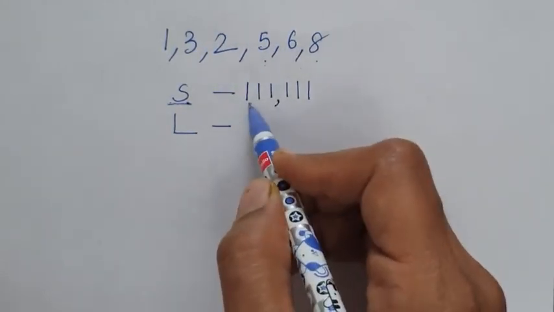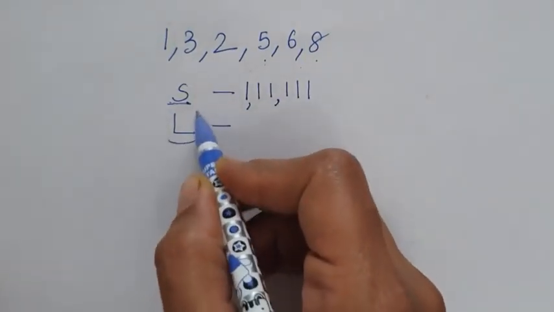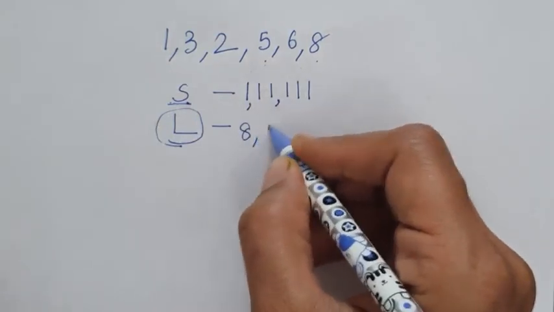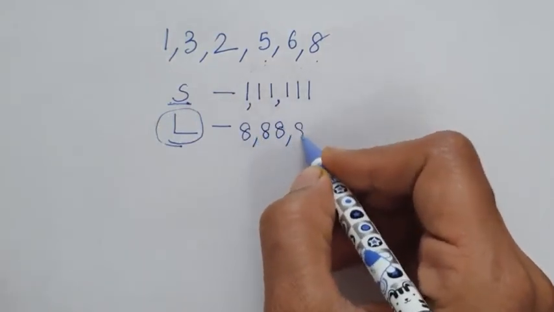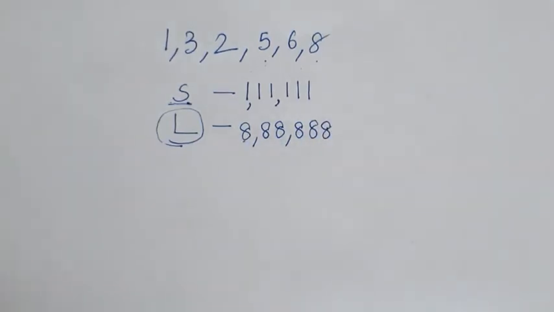So we get this number as the smallest 6 digit number. Now if we have to make the largest 6 digit number, we will start with the largest digit. Clear?